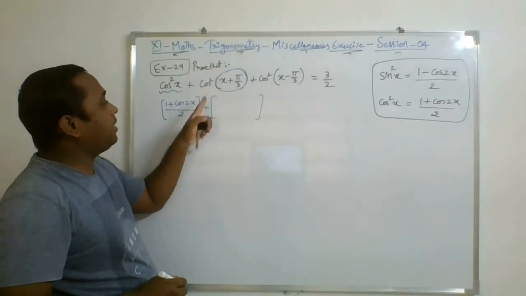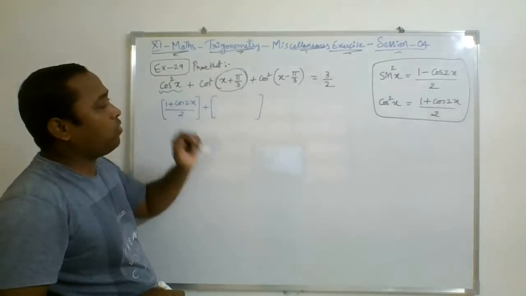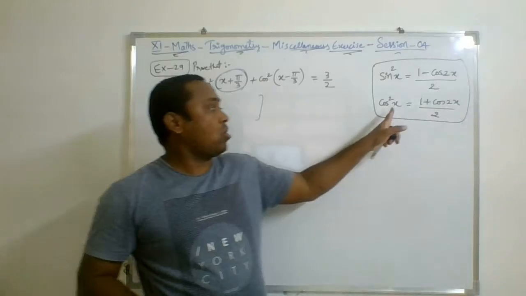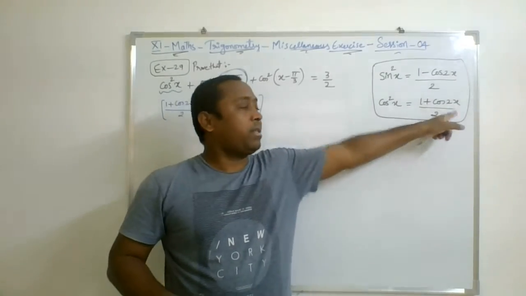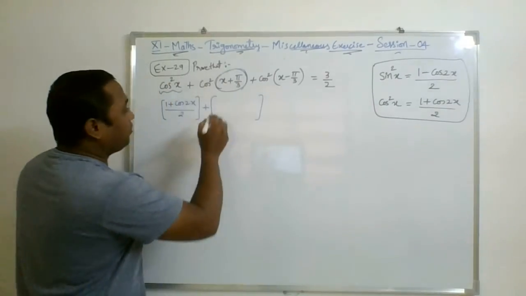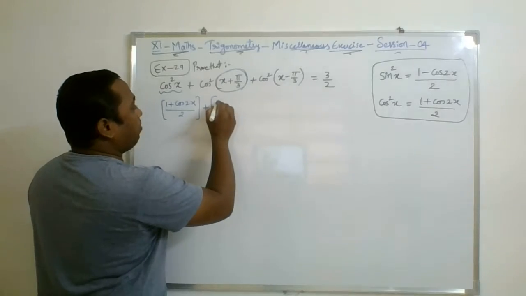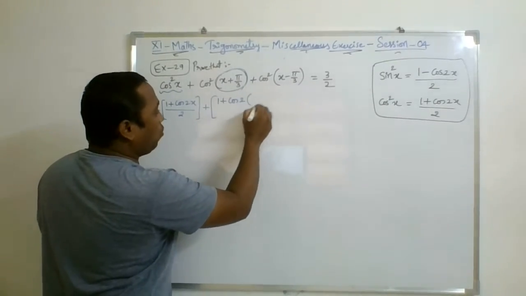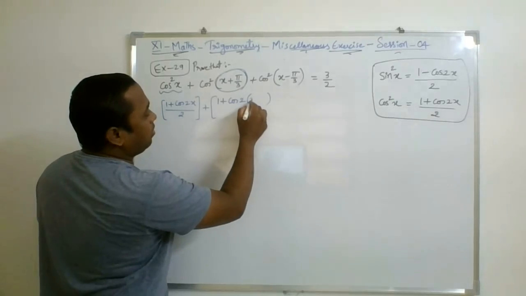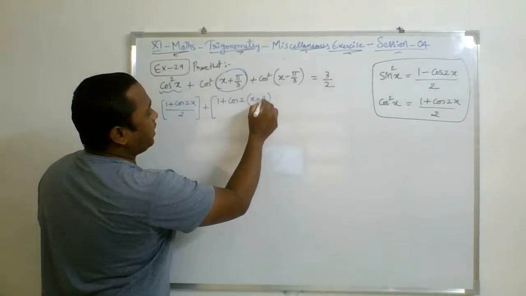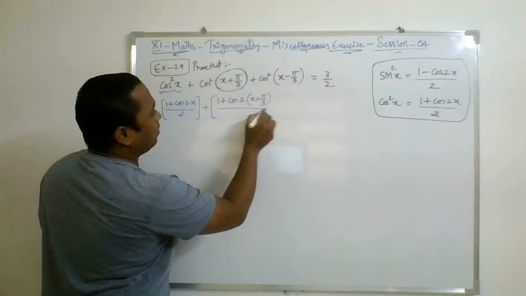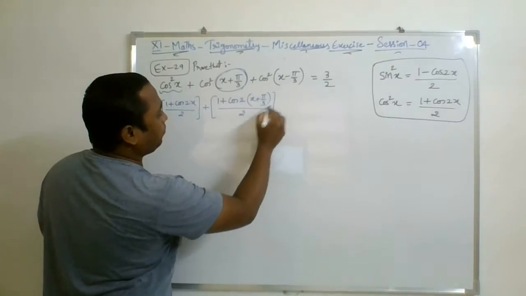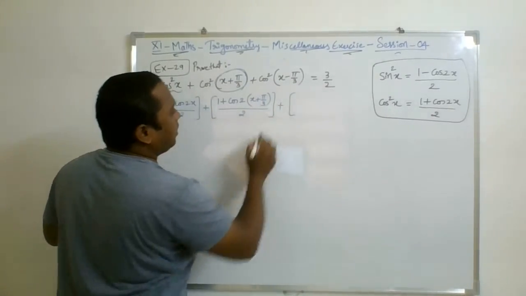So hence it is also in the form of cos square x. So cos square x means 1 plus cos 2x by 2. So the same formula will apply over here. 1 plus cos 2 times of this angle, 2 times of x plus pi by 3, by 2, plus.